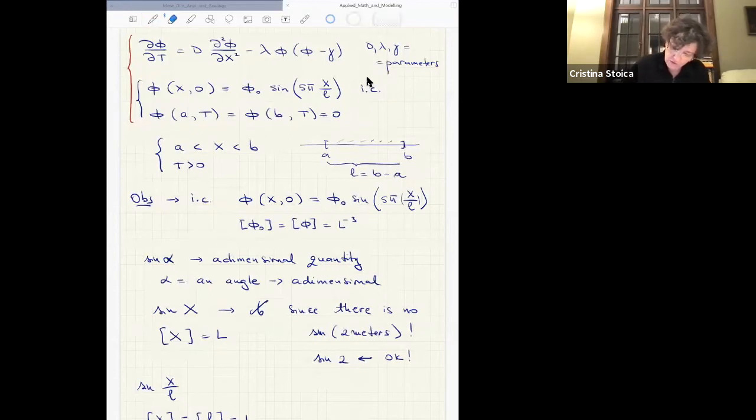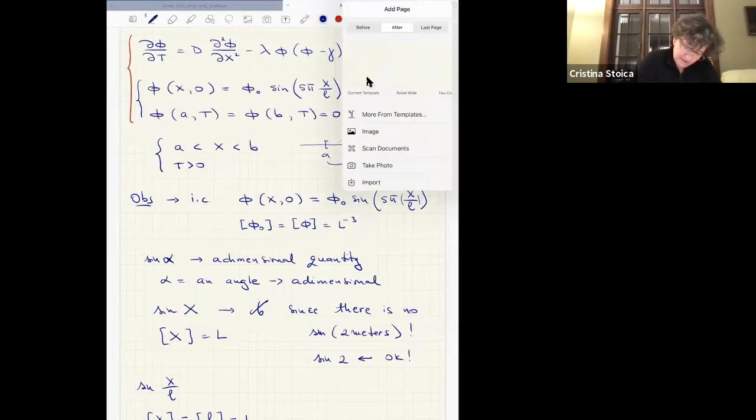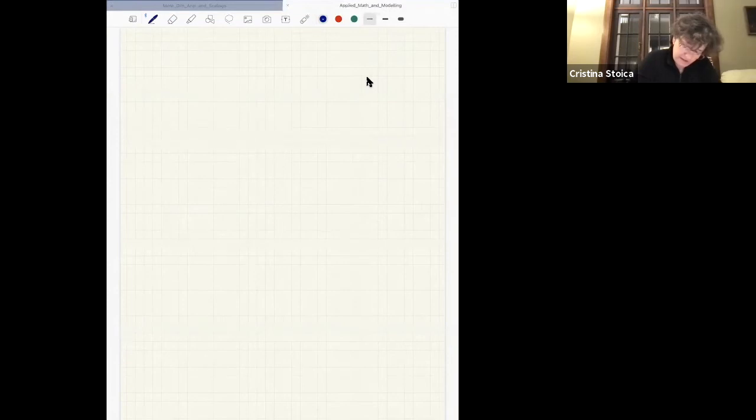Okay, so let's see how we do this. First things first, here I'm going to write the equation again, of course. It equals d2 phi over dx2, because that's the one I'm going to do first, phi minus lambda.